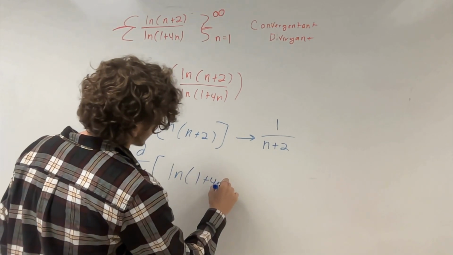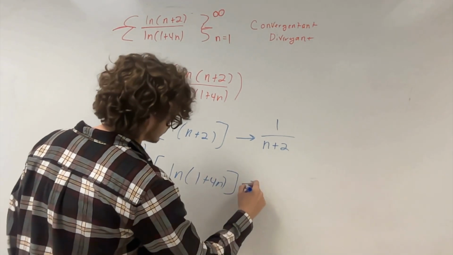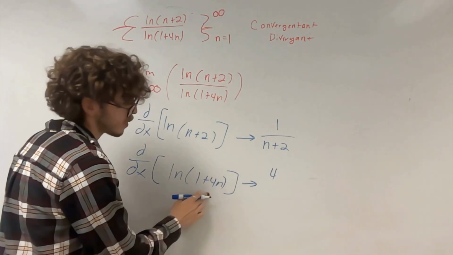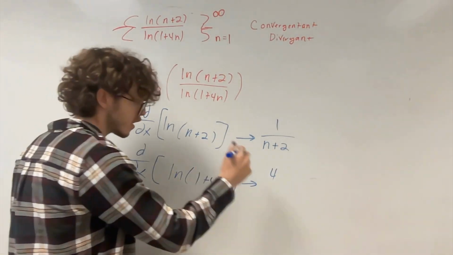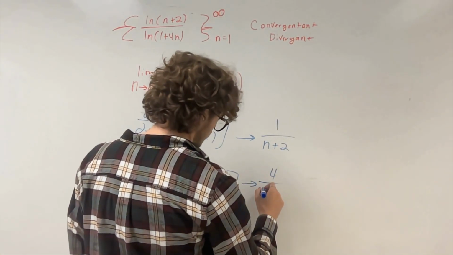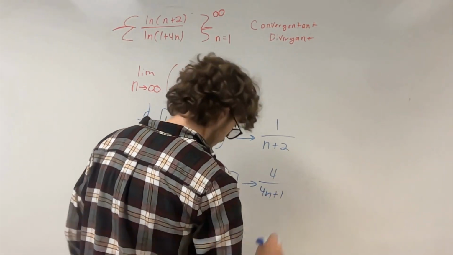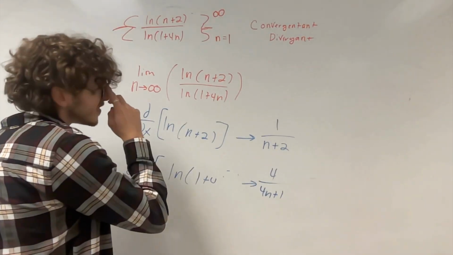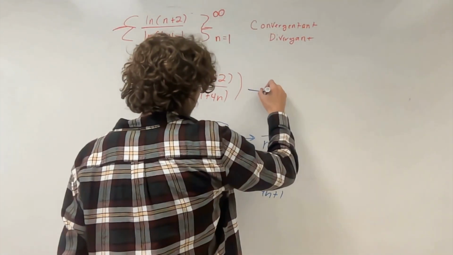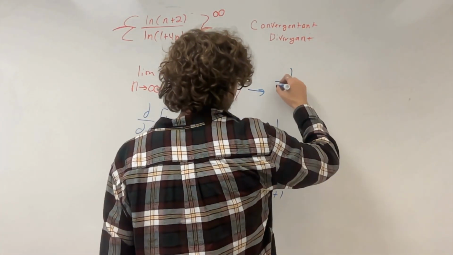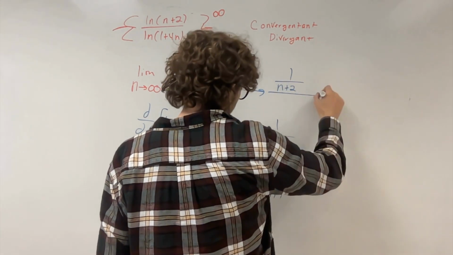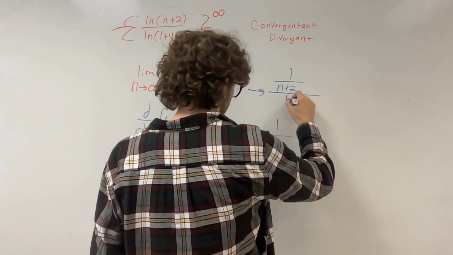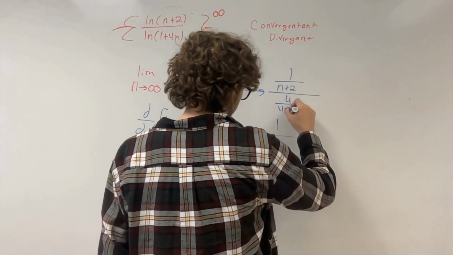The derivative of 1 plus 4n is 4, over 4n plus 1. So this limit is really equal to 1 over n plus 2, over 4 over 4n plus 1.